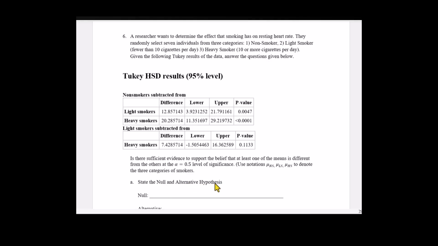Now this is a Tukey test, therefore we will have to state our hypothesis for a Tukey test. Before that, we learned how to write the hypothesis statement for the ANOVA test. The way we wrote our hypothesis statement for a general ANOVA test was mu sub 1 equals mu sub 2 equals mu sub 3.